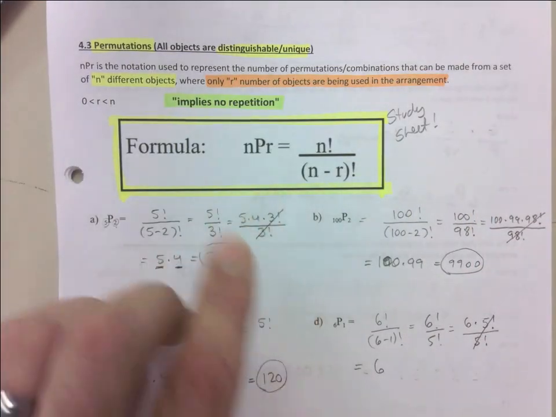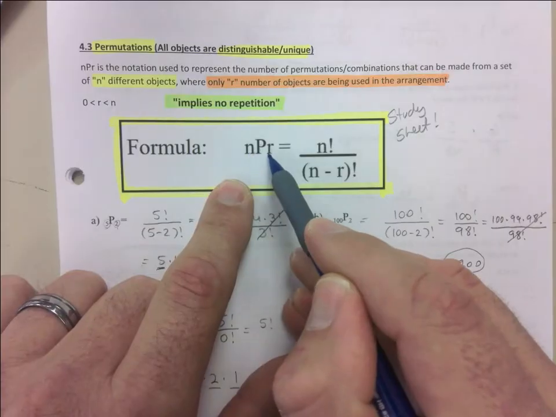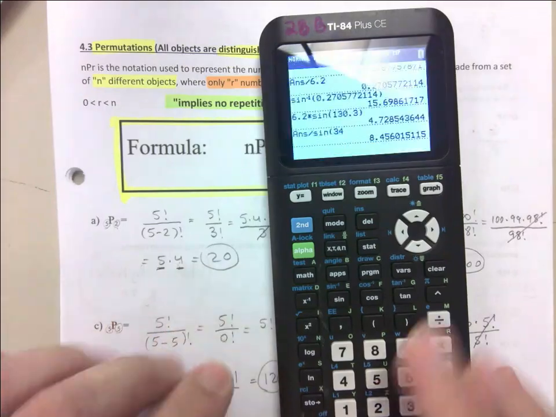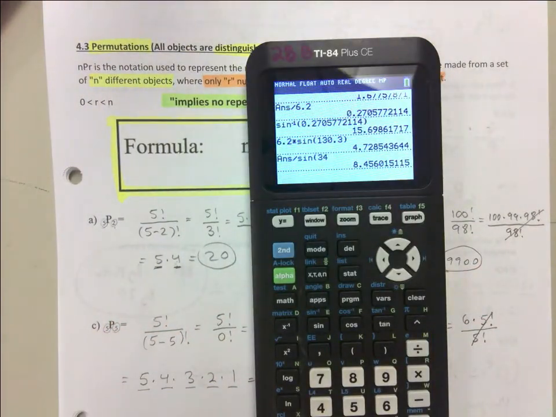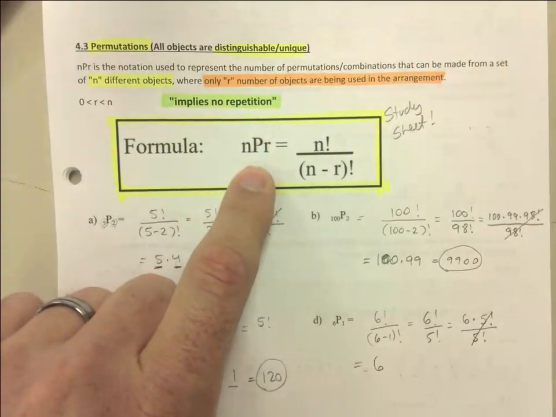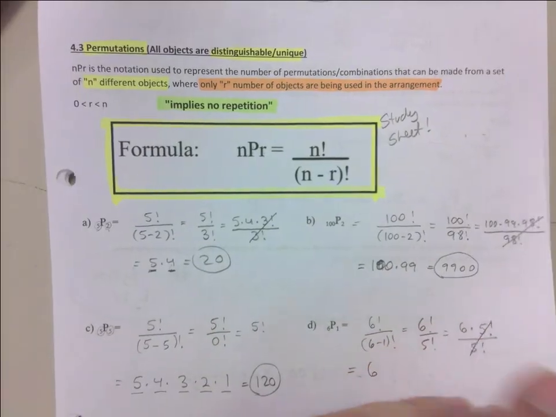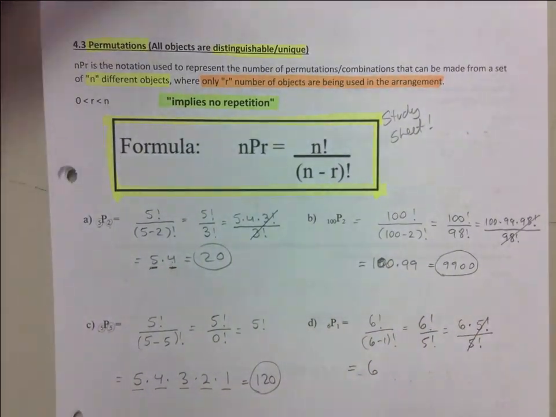Just tell me what the nPr is, like what these numbers are, and you can just give me a number. You can just plug it into your calculator and go to town. Unless I ask you to evaluate this, like actually work it out by hand, don't worry about doing that, okay? I don't want you to spend time on that.